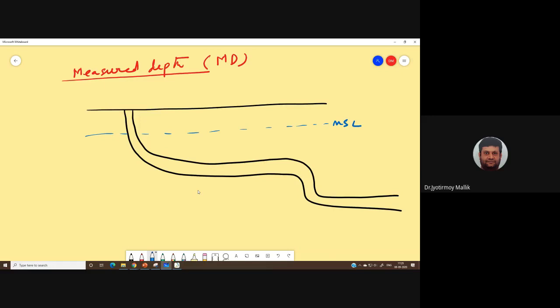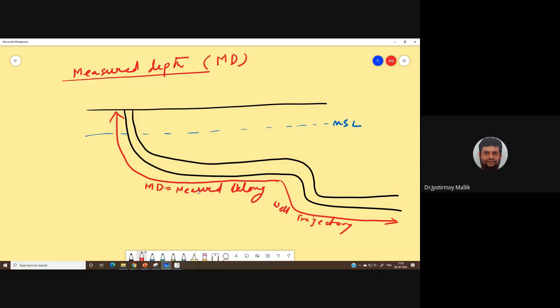The measured depth is essentially the depth measured along the well trajectory. If I measure this whole length along the well trajectory, this is what we call MD or measured depth.